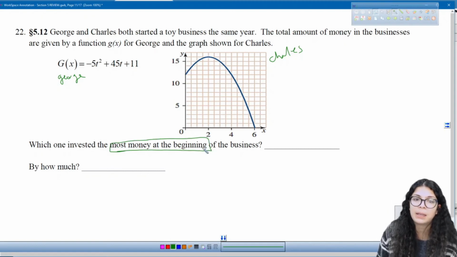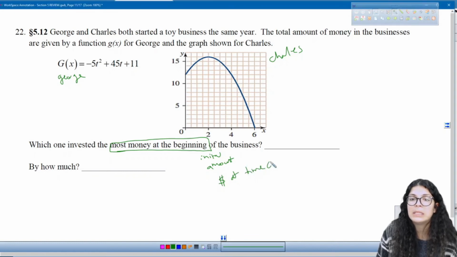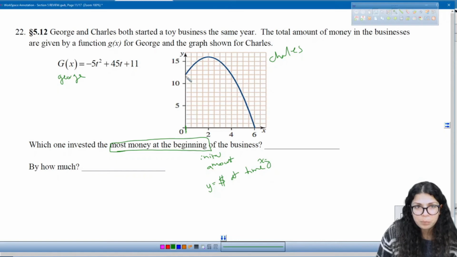The money at the beginning of the business is the initial amount, which would be the amount of money at time 0, okay? So at the beginning, at 0 years, what is that money? The y value is the money, time t is the x value, right?